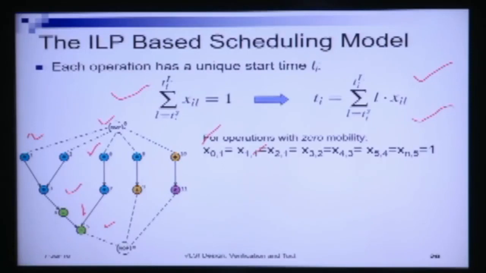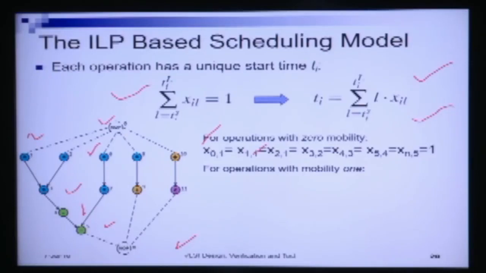Because the third operation should only be scheduled in time step 2 and nowhere else. Why is x_43 equals 1? Because the fourth operation similarly should only be scheduled in time step 3. Similarly, x_54 equals 1 and x_n5, which is the last operation, should be 1, because the start time of the sink node should be the 5th time step, because the schedule should complete in 4.